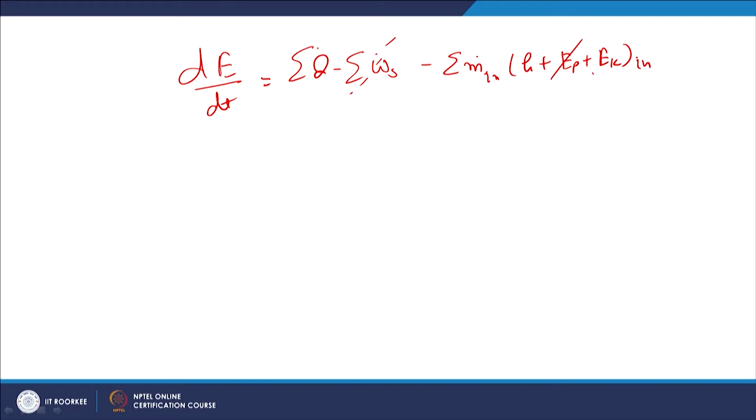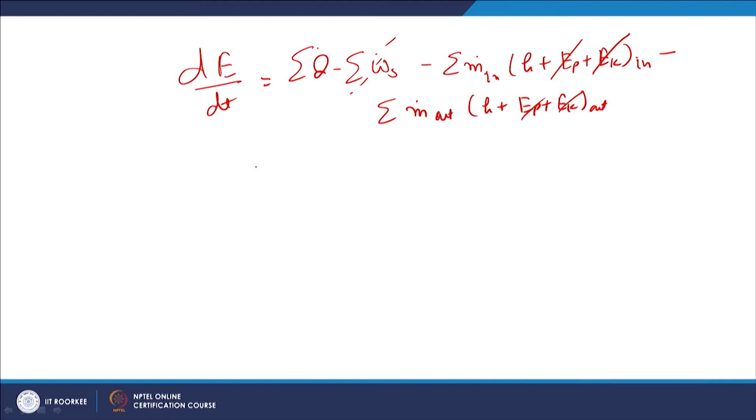Now this is again cancelled out, then m_out (H plus EP plus EK) for the outlet. Now again this is cancelled out. Hence isenthalpic flow can be considered in this particular case.